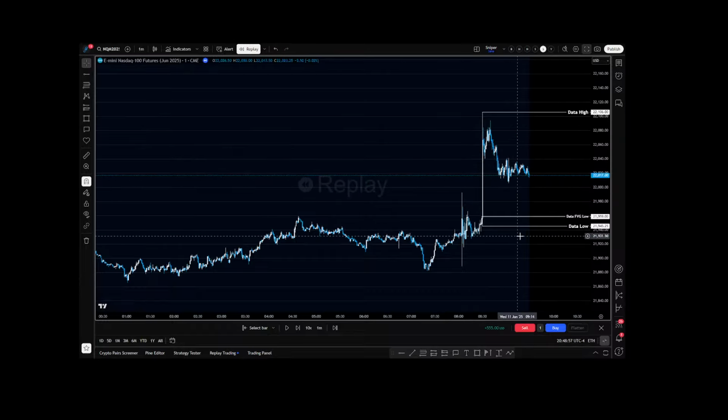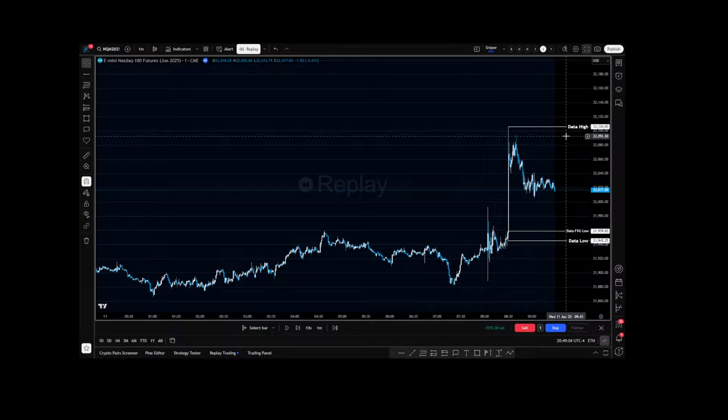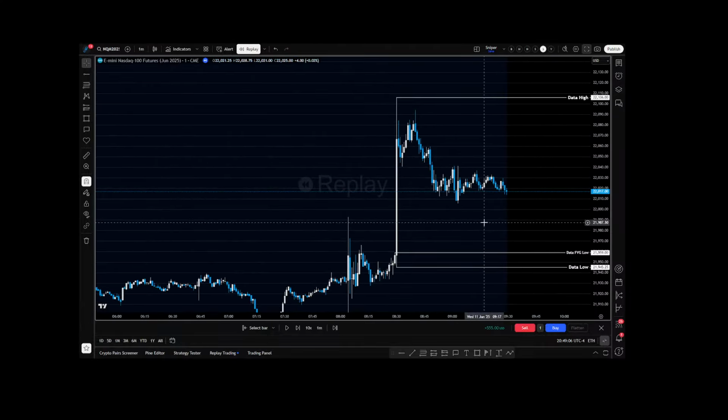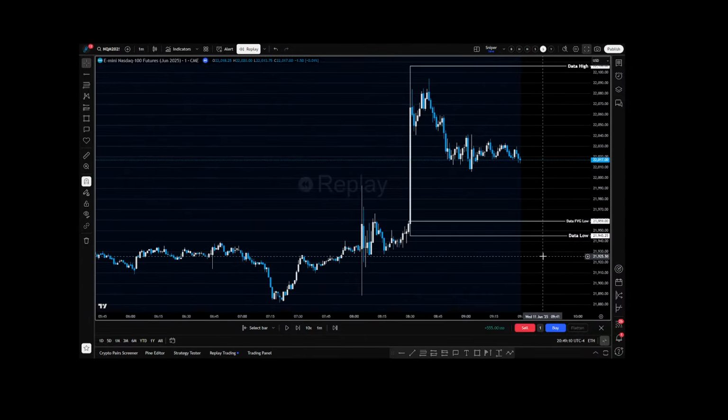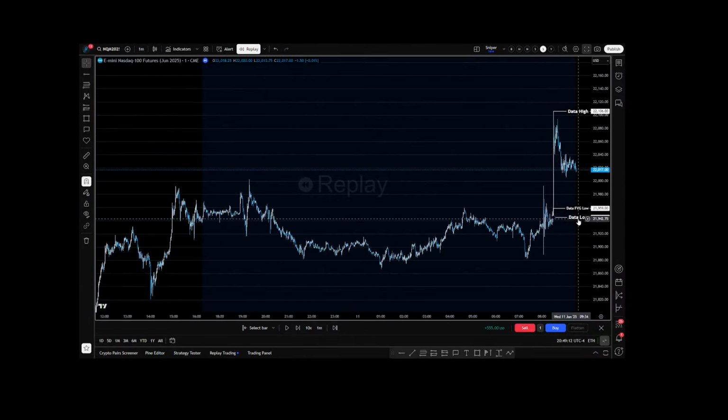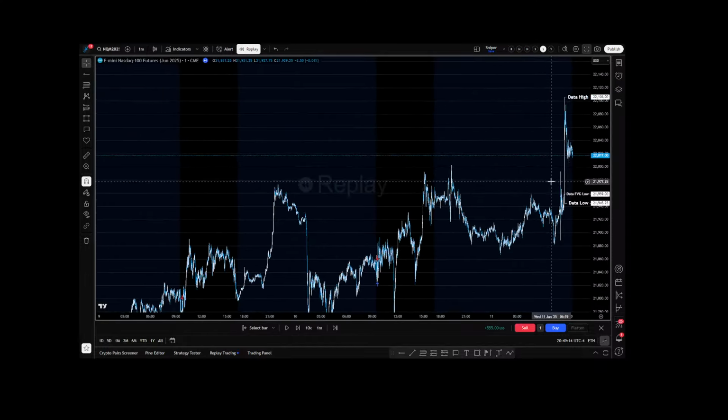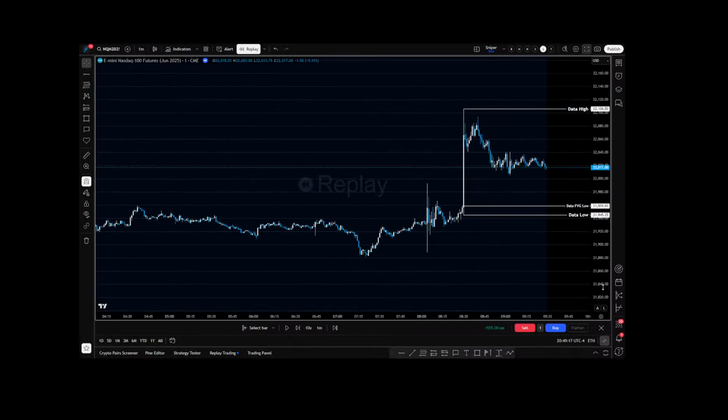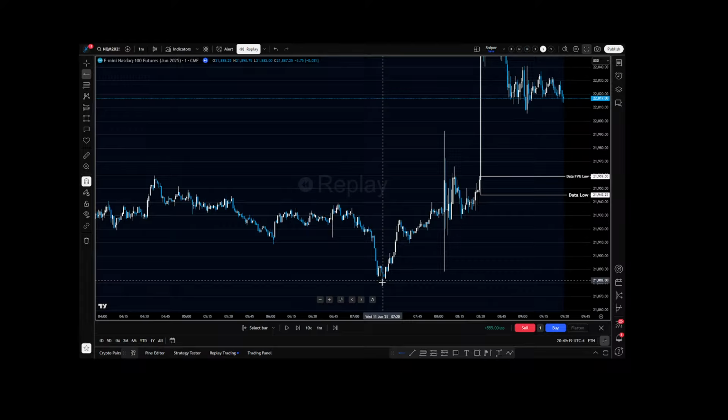Oftentimes price does want to come back down and test a data low, but it is good to know that we do still have data high above, right? So if we get bullish price action, we have a draw there. If we get bearish price action, we do have a draw below. But just looking at where we are on the week, I would be bearish bias. And we can mark out some of these lows down here.